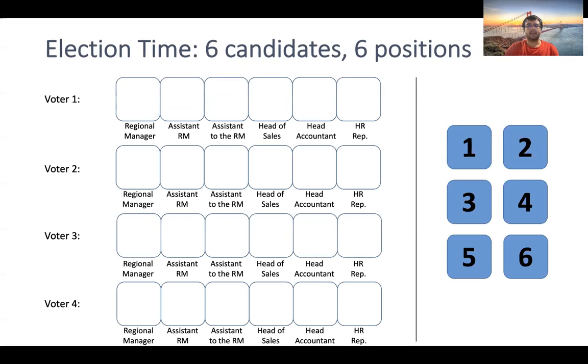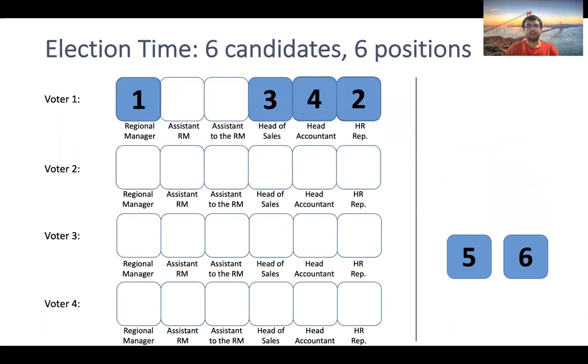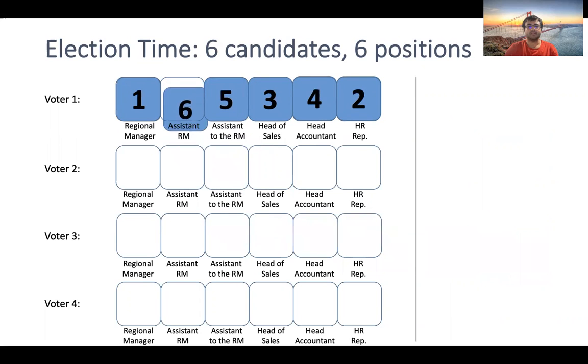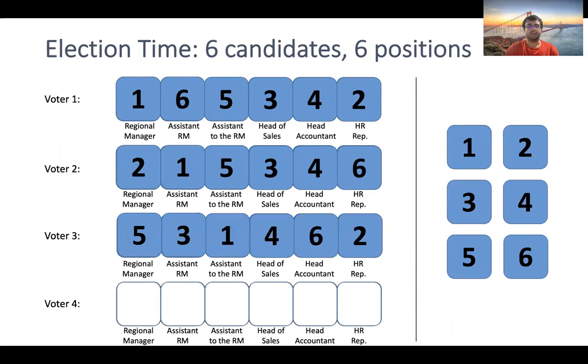Now, the voters inside the office will have their own preference lists, and this preference list completely depends on their own and can be completely arbitrary. For example, voter 1 will nominate candidate 1 for regional manager, candidate 2 for HR rep, candidate 3 for head of sales, candidate 4 for head accountant, candidate 5 for assistant to the regional manager, and candidate 6 for assistant regional manager. Similarly, voter 2 will have their own preference, and so do voters 3 and 4.